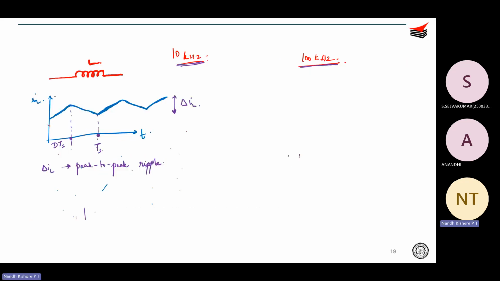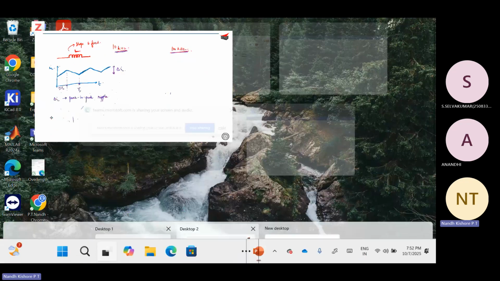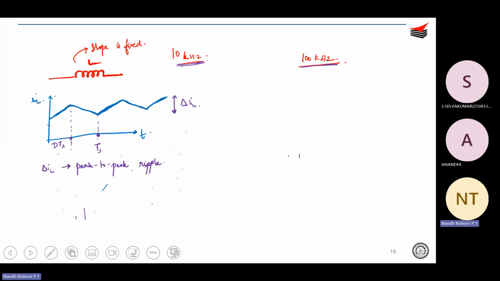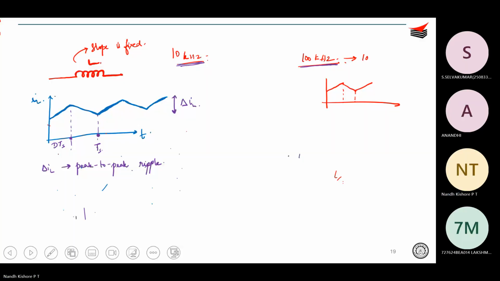See, the point is, if your inductance is fixed, it means your slope of current is fixed. So you will see that, let's say for 100 kilohertz, the switching period is 10 microseconds.